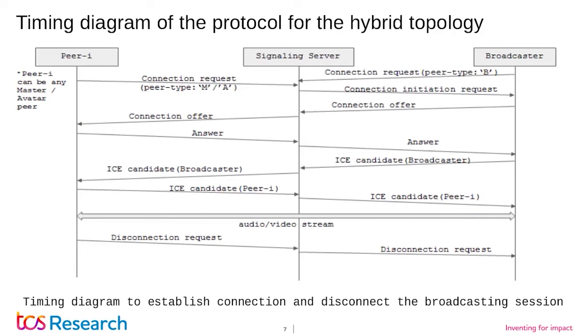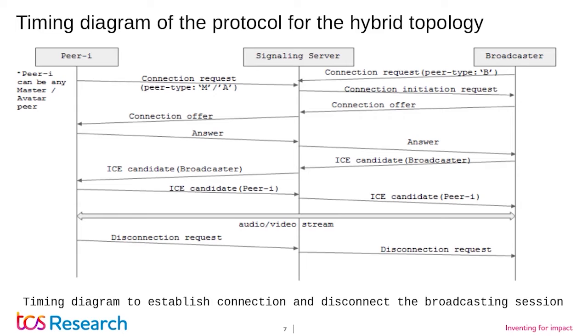In the next slide, we are going to describe our protocol of our hybrid topology in terms of a timing diagram. This is the initial protocol. Any peer can be a master or an avatar peer.